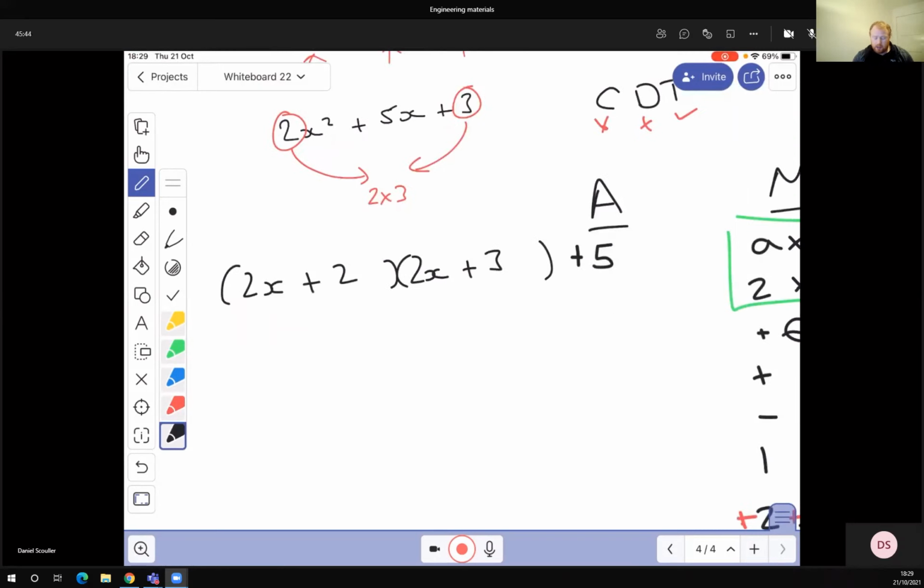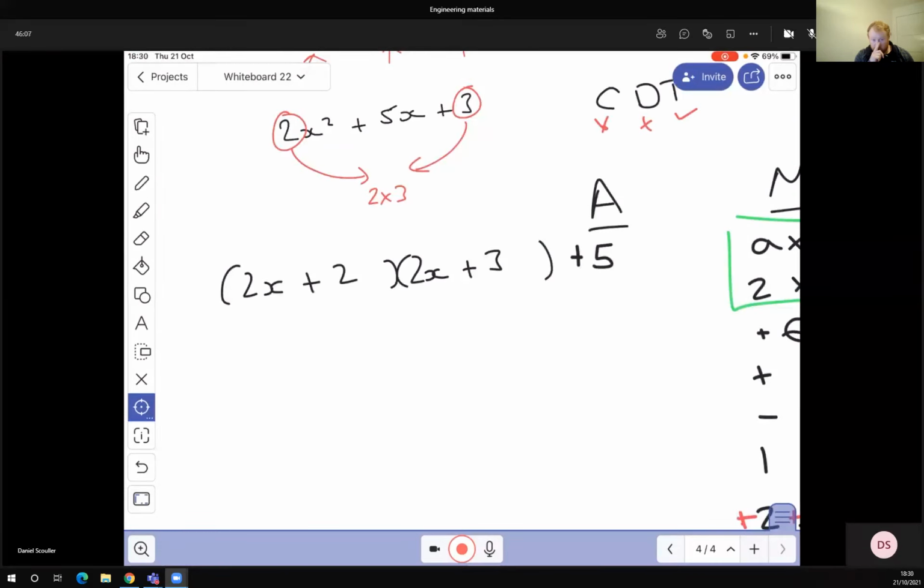So instead of just x and x, we're going to put in 2x and we're going to put in 2x. Now you might look at that and go, that doesn't make sense. If we multiplied out that bracket, you would have 4x squared at the front. And you're absolutely right.